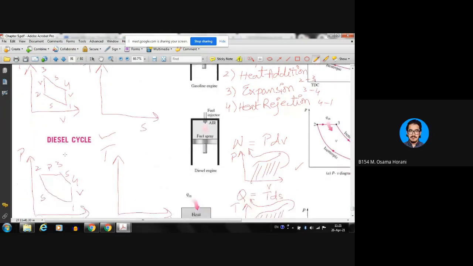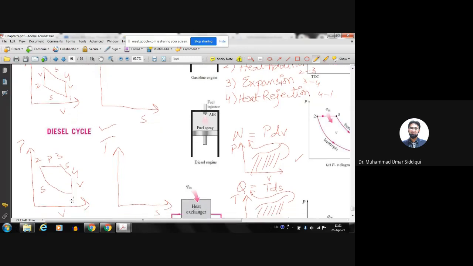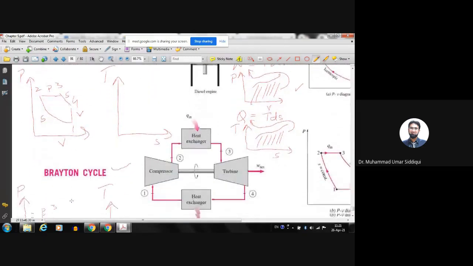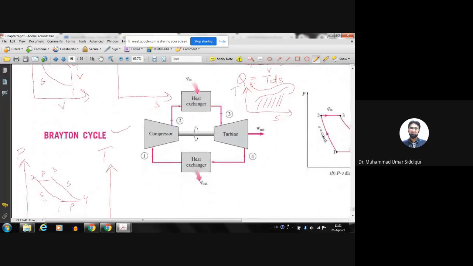Then the diesel cycle: isentropic compression, constant pressure heat addition, then isentropic expansion, constant volume heat rejection. Then the Brayton cycle: isentropic compression, constant pressure heat addition, then isentropic expansion, then constant pressure heat rejection.